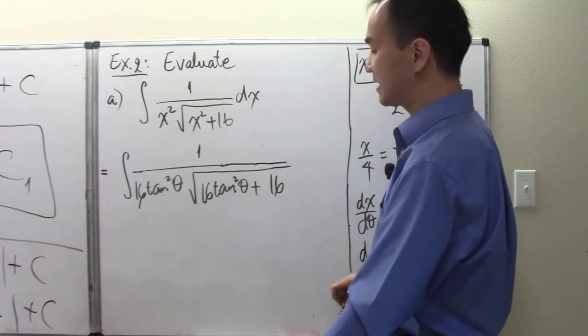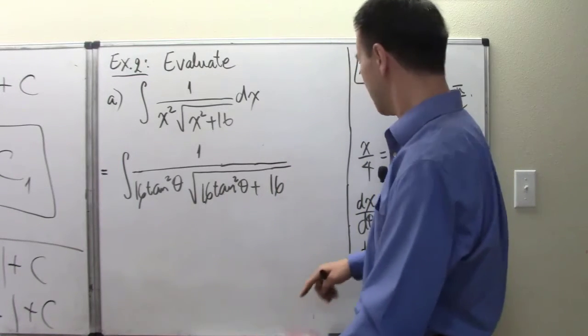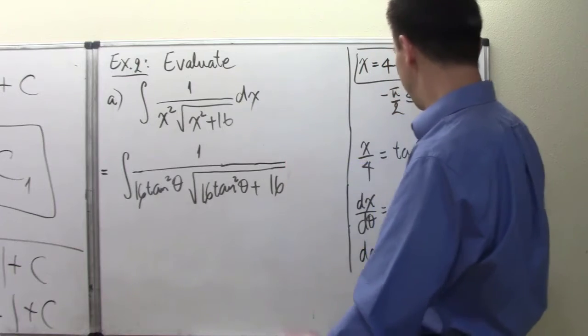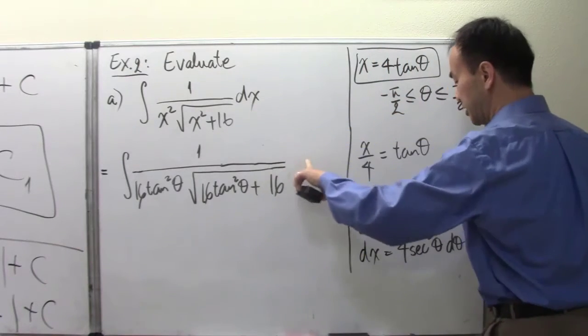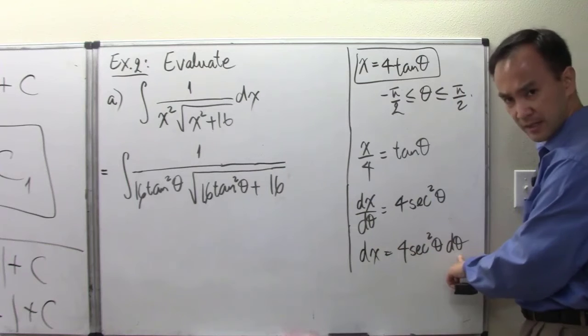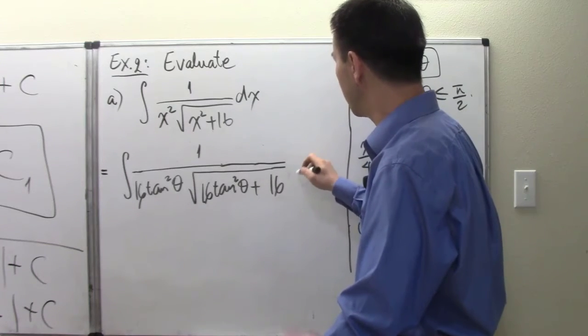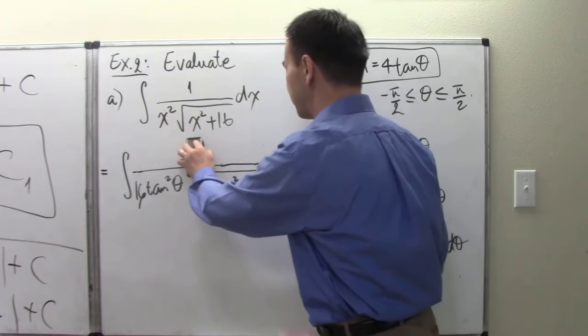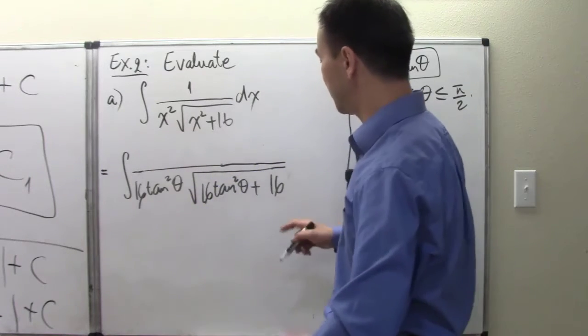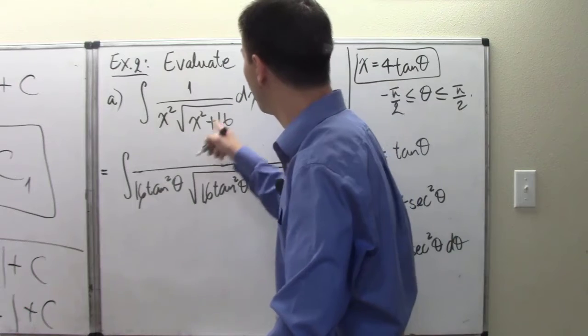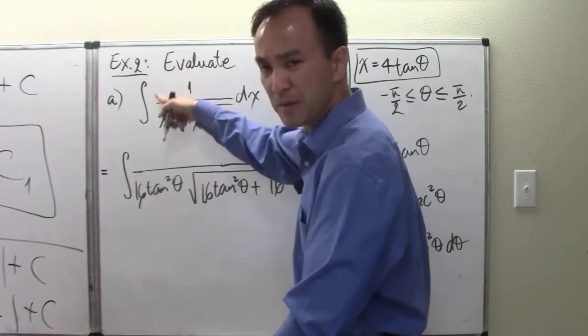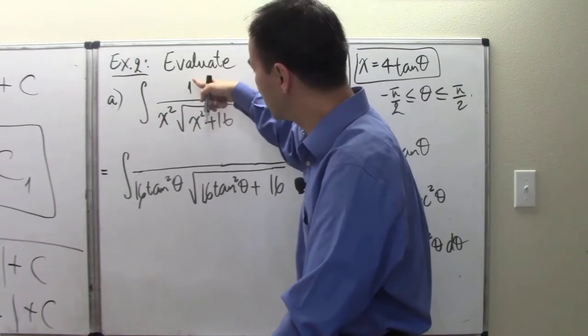All right, it looks a little lengthy at this point, but it will get shorter. And then the dx here can be substituted by 4 secant squared theta d theta. I have had a video lesson that clarifies this, but a lot of times we can also put the dx on top, since it is in the end a product with the fraction.